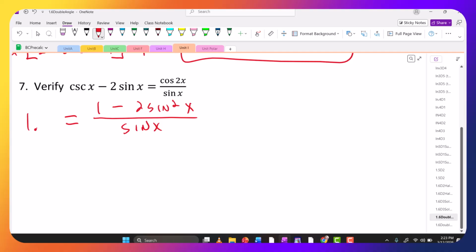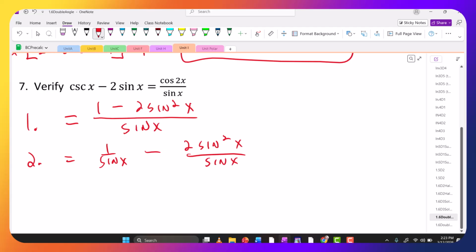But I got some people skipping steps. You got points off on your identities. You don't just, you got to write this. You got to write 2 equals 1 over sine. You got to show that you know that this splits up into two separate things. Then maybe show this canceling.